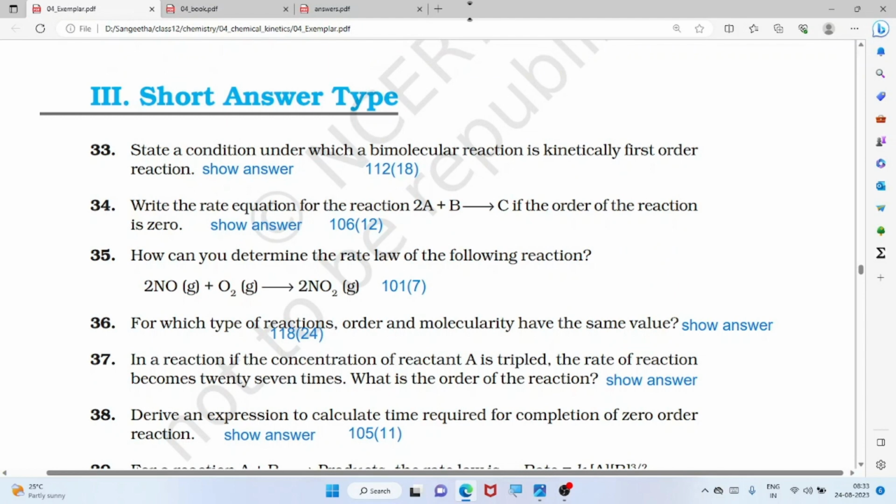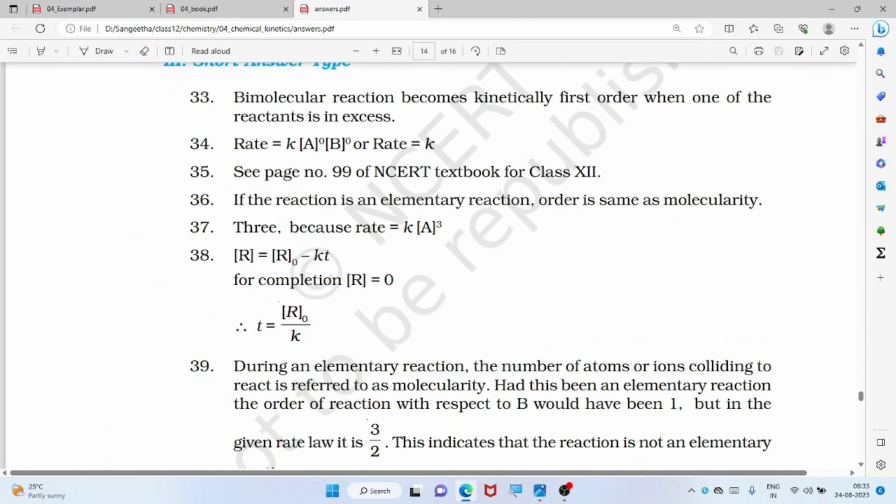State the condition under which a bimolecular reaction is kinetically a first order reaction. A bimolecular reaction becomes kinetically first order when one of the reactants is in excess. When one of the reactants is in excess, its concentration change won't get affected.